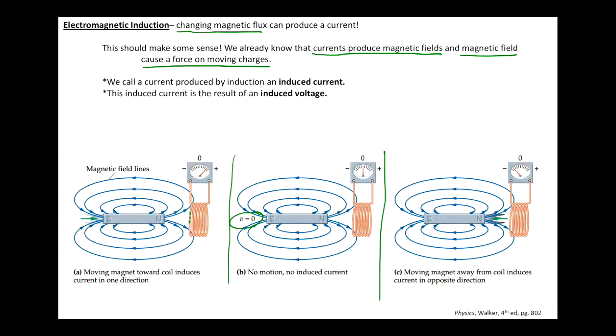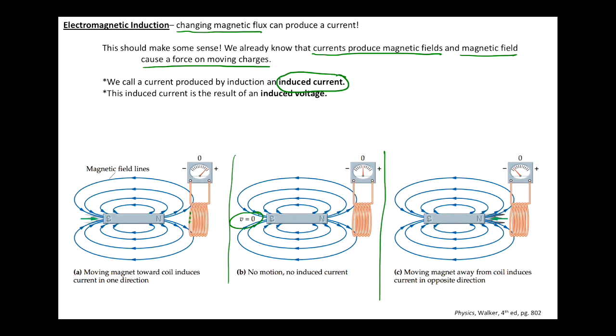Now, notice a couple of definitions there at the start. If there is a current that's produced by this effect through electromagnetic induction, we call that an induced current. It is no different by definition than the current we learned about before. All of those current definitions apply. It's just moving charges. We're just saying this current came from this, so we're trying to isolate that so that we know where it came from a little bit better.